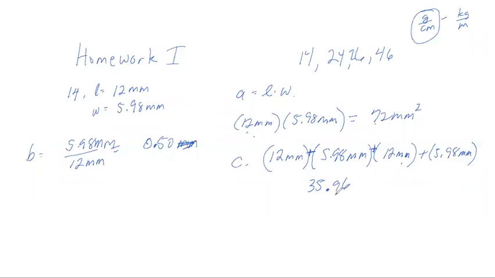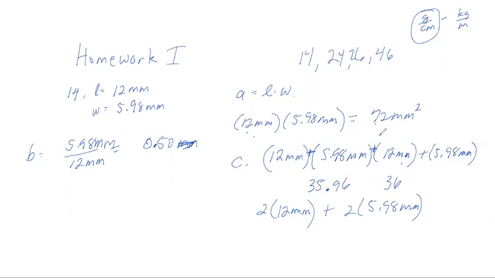I can have no more sig figs than the amount of sig figs to the right of the decimal point. Now for the answer in the solutions, they give 36. But I guess they did 2 times 12 millimeters plus 2 times 5.98 millimeters, which would be a multiplication function, which would mean they could have no more than 2 sig figs, but I did mine differently. I just added up everything.